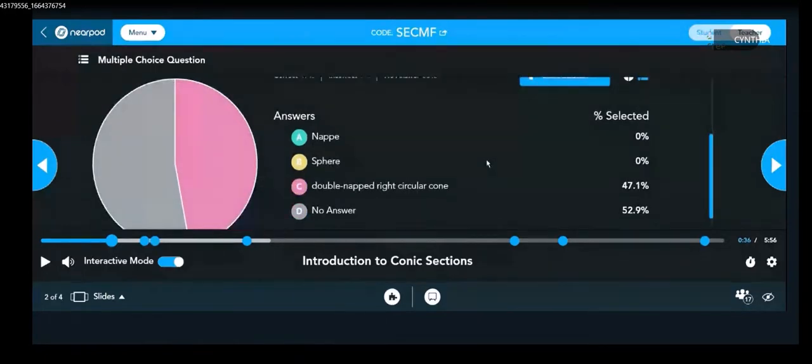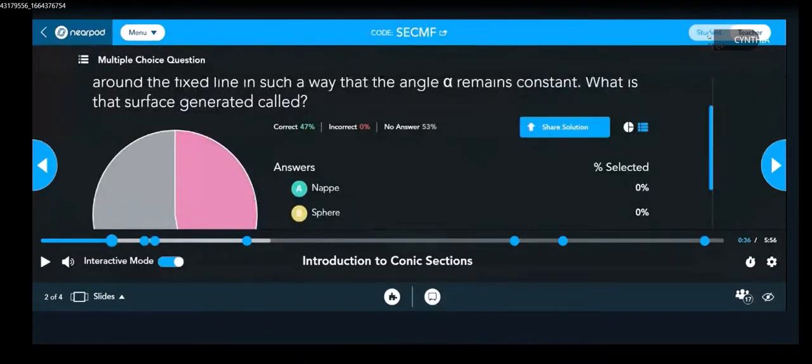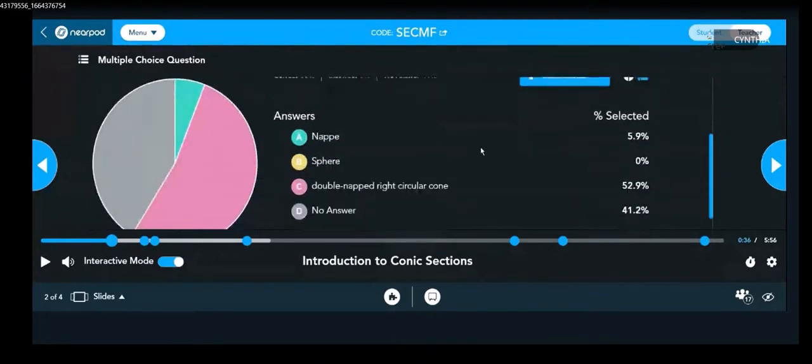So I have 53%, more than half of you, that have not answered. Thank you for those of you that have. Some of you are saying nap, and you are on the right track. It is not a sphere, but there's two of them. So it's going to be a double napped right circular cone.